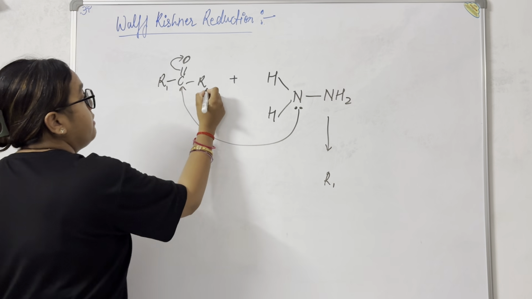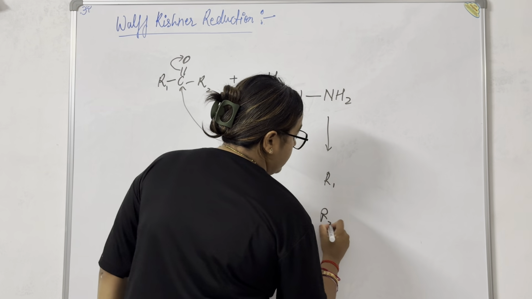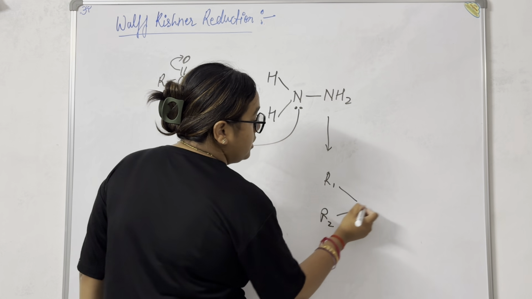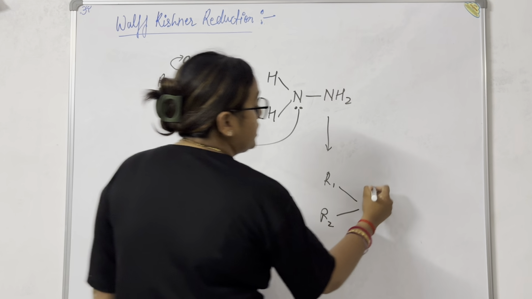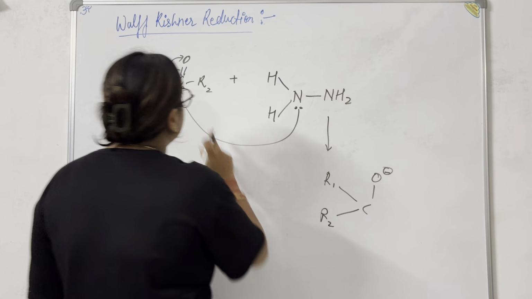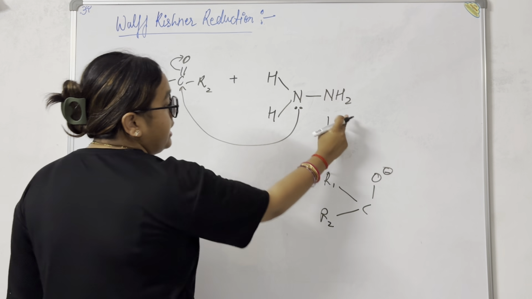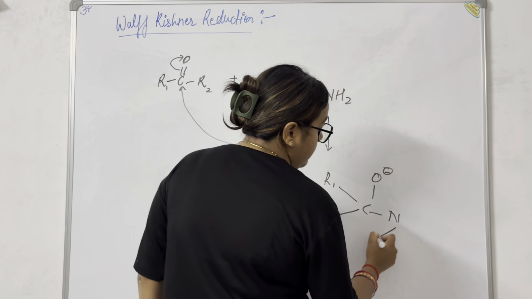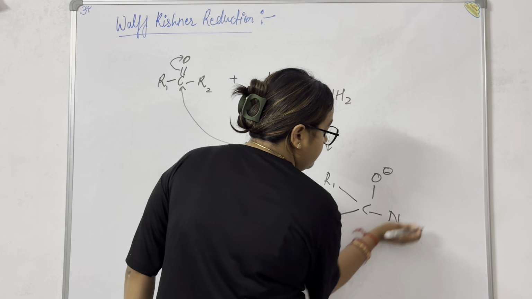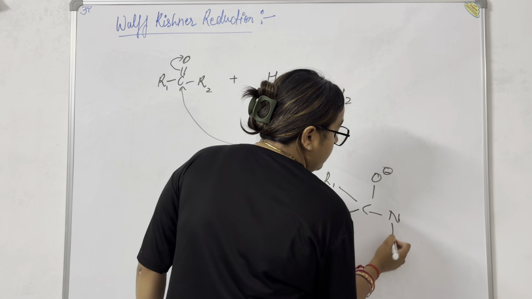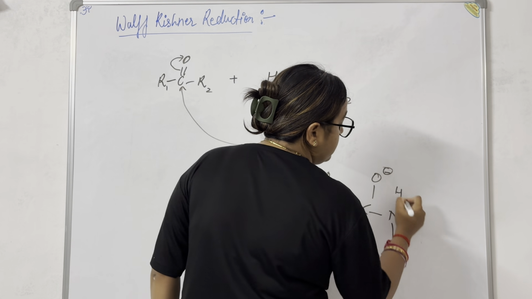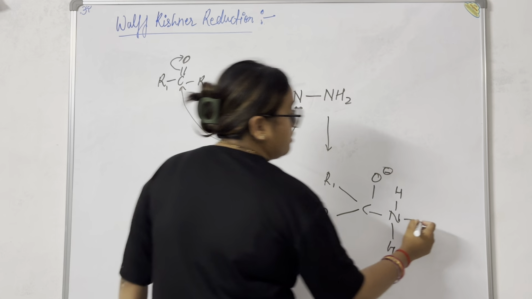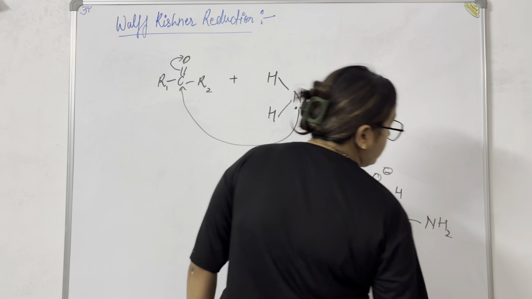R1 and R2 attached to the carbon, this oxygen attaining a negative charge, and this nitrogen attached to the carbon, with hydrogen, hydrogen, and this nitrogen, NH2.